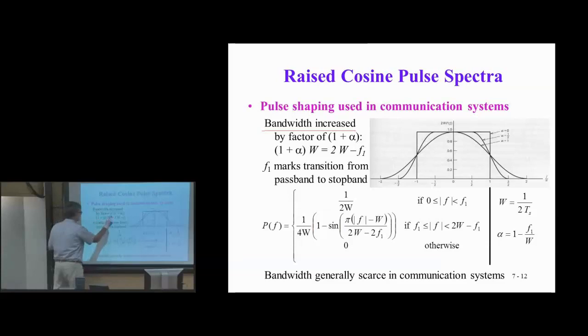So the bandwidth increases by a factor of 1 plus alpha. Not too bad. So it's a nice trade-off. A little bit of extra bandwidth for a much better situation for energy loss when we truncate. Okay, so if we look at the frequency response, the formula is here. It's a nice formula.